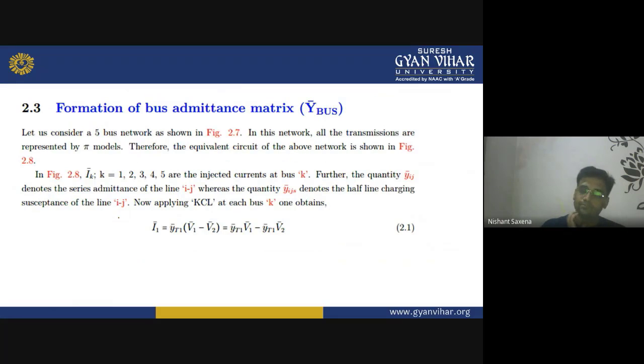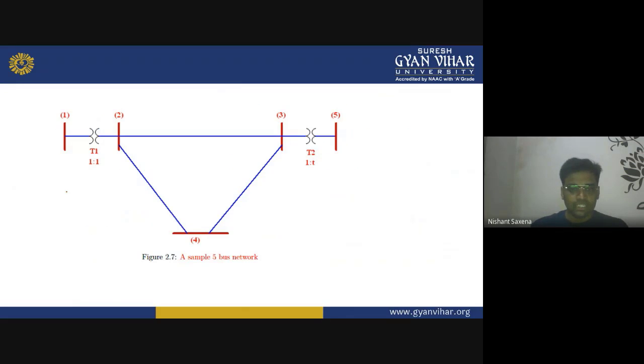Now let us look at the formation of the bus admittance matrix Y bus. Let us consider a 5-bus network as shown in figure 2.7. Consider this a 5-bus network where this is bus number 1, bus number 2, bus number 3, 4 and 5.